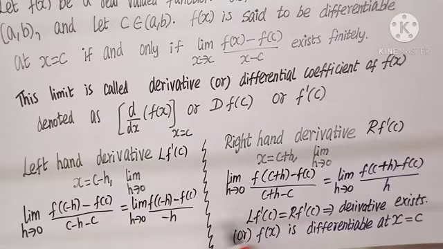If left and right derivatives are equal, we declare the derivative exists, or f(x) is differentiable at x = c.